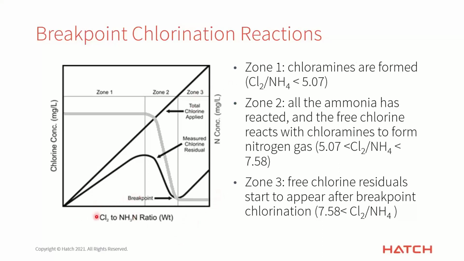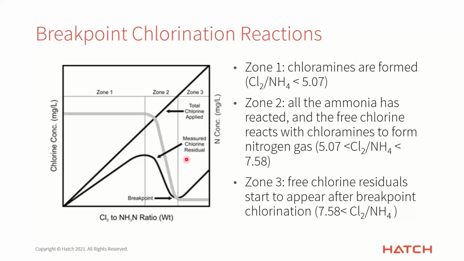In this first zone here, this is where you first start dosing chlorine. In this zone, chloramines are formed up to a chlorine to ammonia ratio of about 5. So basically all the ammonia is reacting with the chlorine and making chloramines. In the second zone here, all the ammonia has reacted. And now the free chlorine that's being added is reacting with the chloramines instead to form nitrogen gas.